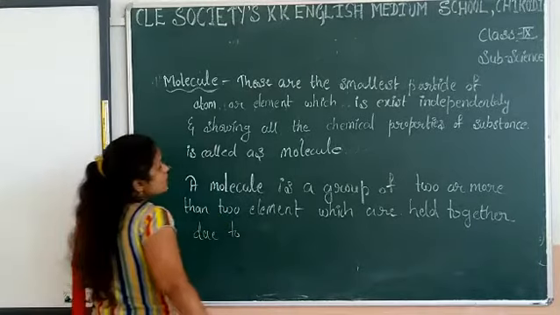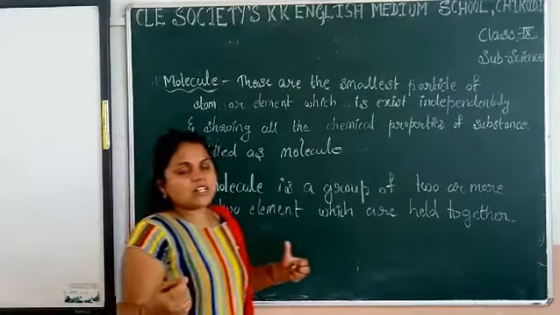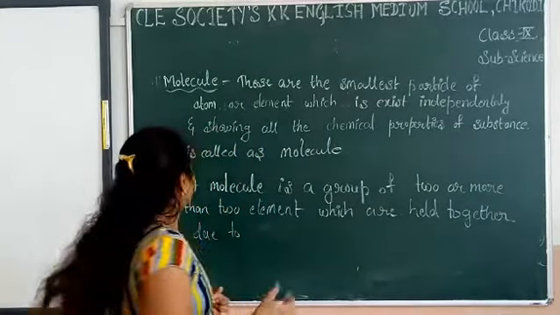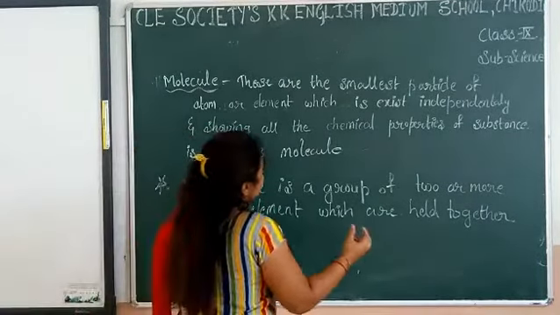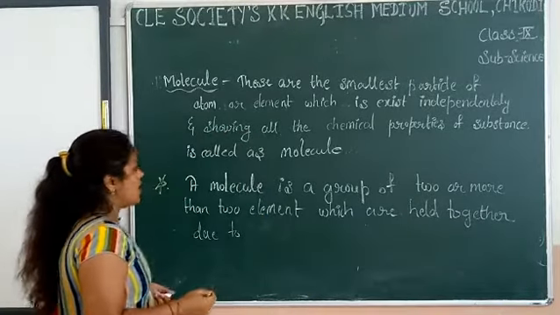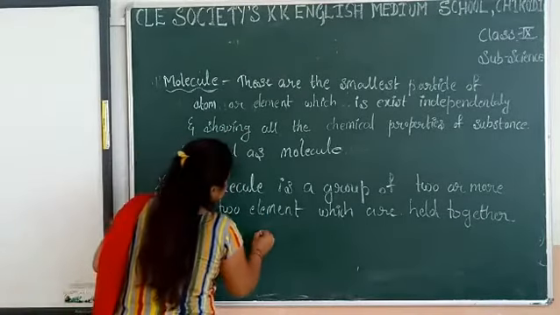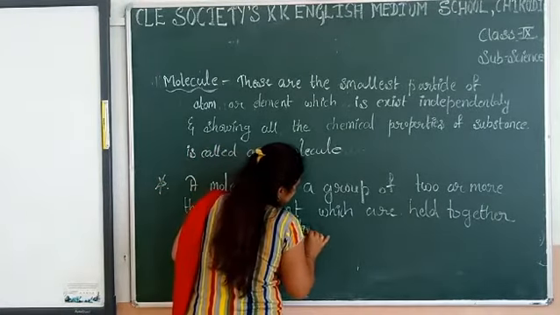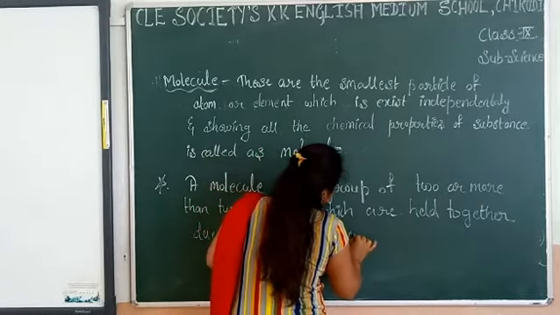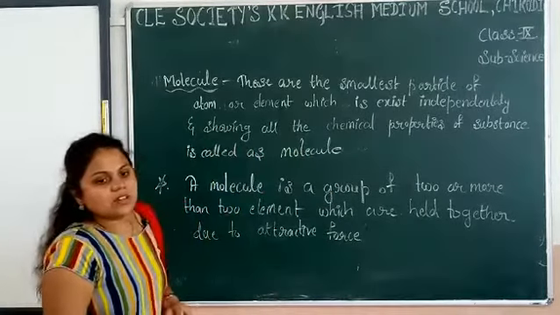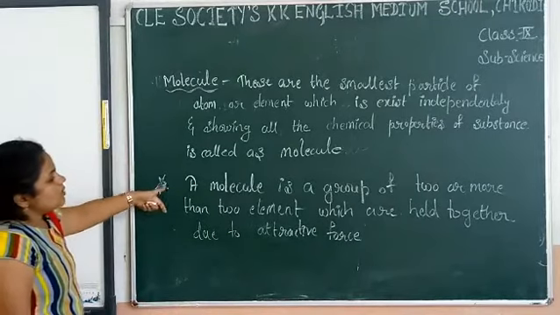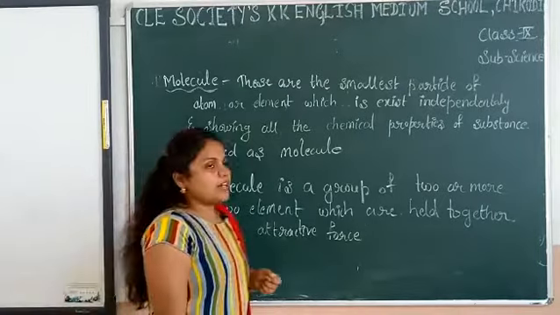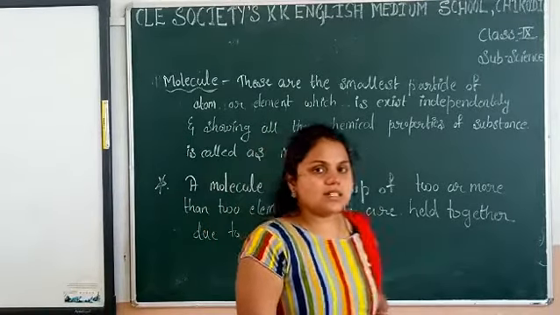Okay. The force of attraction between the two elements is very strong. So a molecule is a group of two or more elements which are held together due to attractive force. This is the second thing which you have to know about molecules. Can you give me some examples?